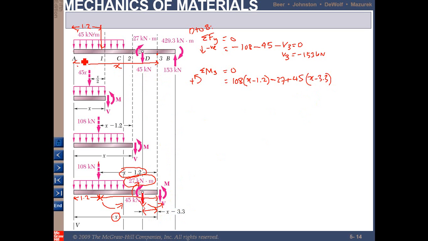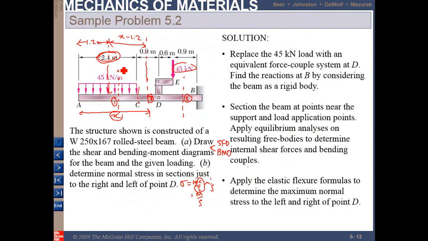So if you cut here, from A to 3 is X. Let's say you cut it here, from here to here, so it is X. And then there is a load here of 45 kilonewton, but the distance from A to D is 2.4 plus 0.9, so it is equal to 3.3.